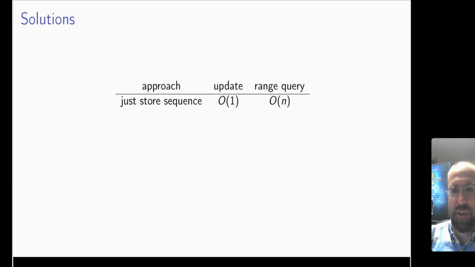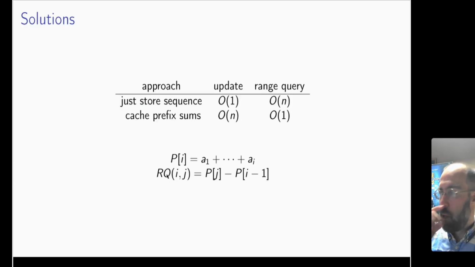And of course, updates are very fast, but doing a range query, you just have to brute force add everything up. And another thing we could do, if you try to be a little more clever, is we could say, well, why don't we cache prefix sums? So if p_i is the sum of all the values up to a_i, then we can do a range query by just subtracting the sum of everything up through j, and then subtracting the sum of all the things up to i-1.